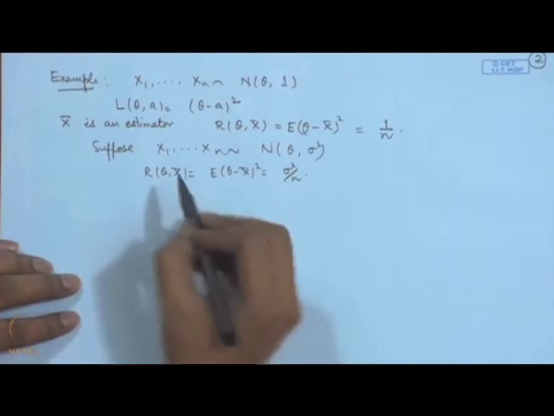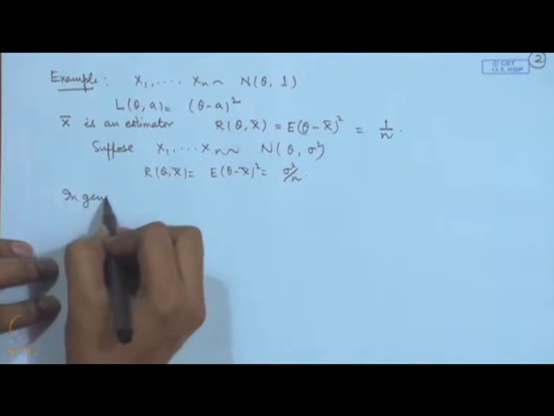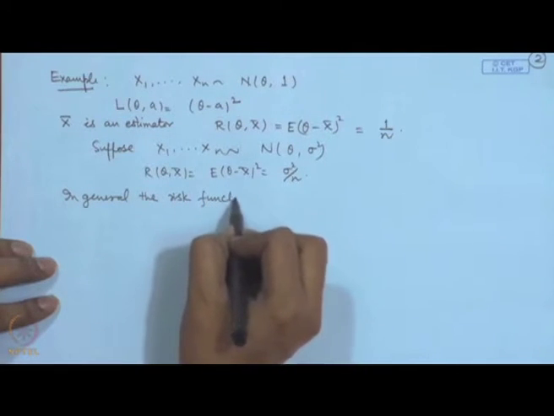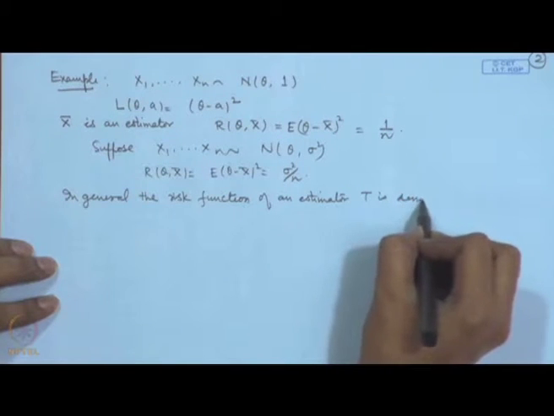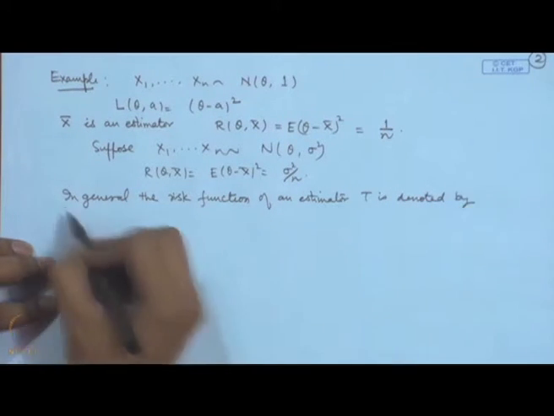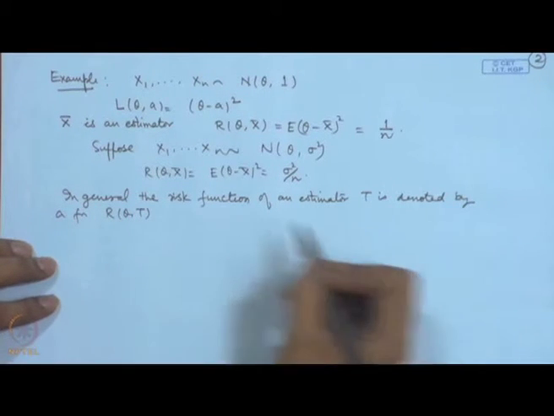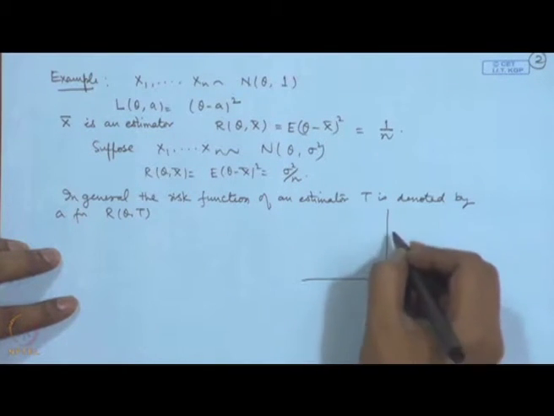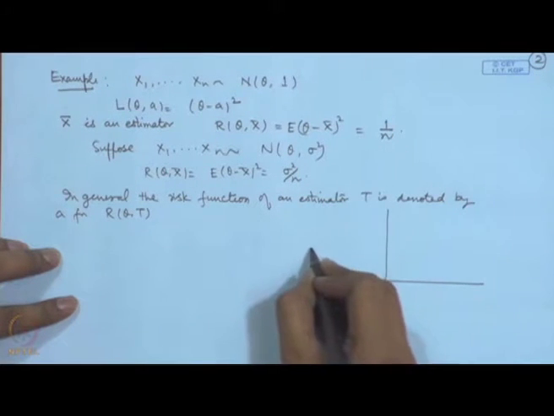So, in general, the risk function of an estimator T is denoted by a function R theta, T. Now you may have a situation like this: for a given estimator, like here it is 1 by n, it is a constant.